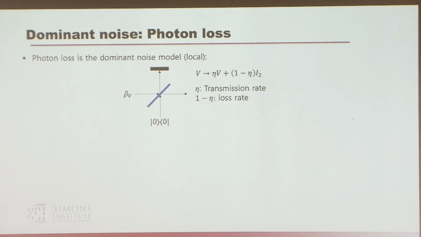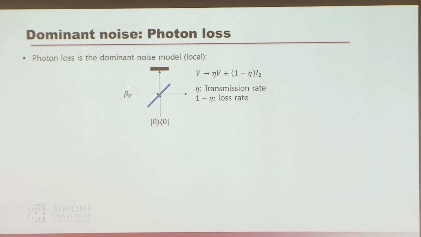In particular, for Gaussian state formalism, it's very easy to describe its result. If you have a covariance matrix phi of the input state rho, then the output state covariance matrix can be written as a convex sum of your input covariance matrix and the identity matrix, which is the covariance matrix of the vacuum state.